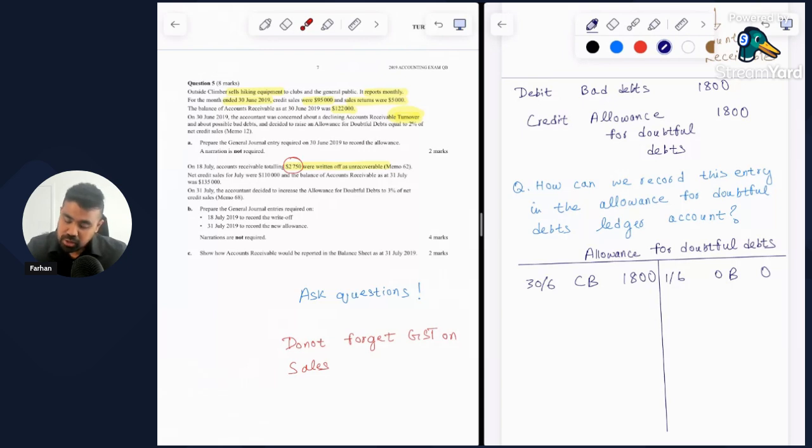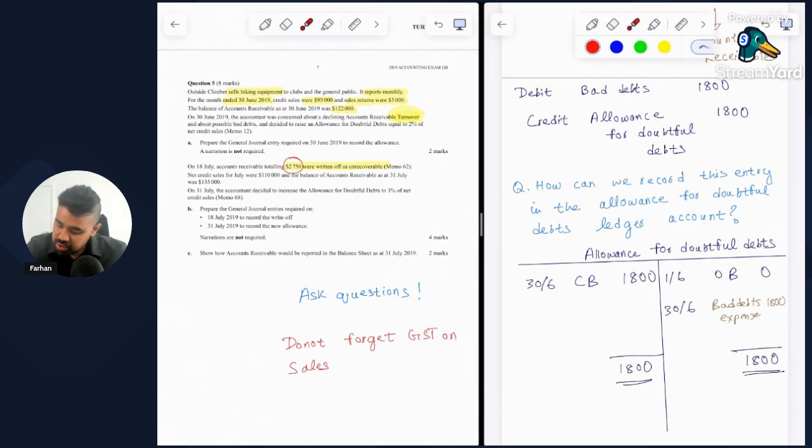Let's calculate the total of everything on the debit side, which is $1,800, which must be the total of everything on the credit side as well to make sure that the accounting fundamental rules apply. So the missing balance in this case for the month ending 30 June is what we refer to as the bad debts expense. This bad debts expense is going to be $1,800, which is the amount that we report in the income statement.